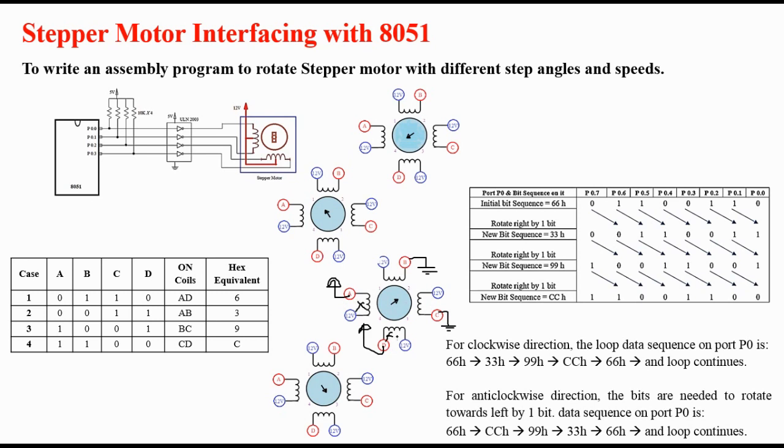So those two coils will remain inactive, whereas the current will start flowing through B and C, and that's why those coils will remain active. Fine. So here you will have to make B and C low, whereas A and D will remain high. If you convert 1001 into hexadecimal form, you will get 9.